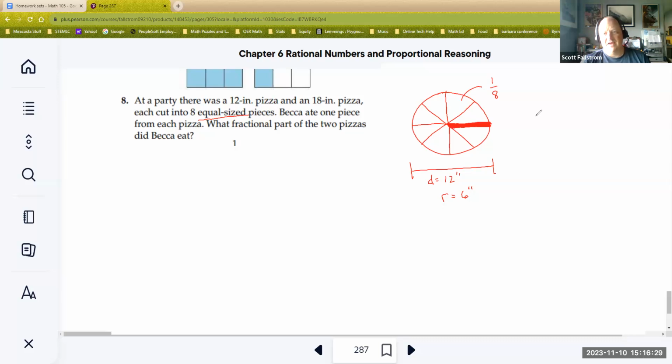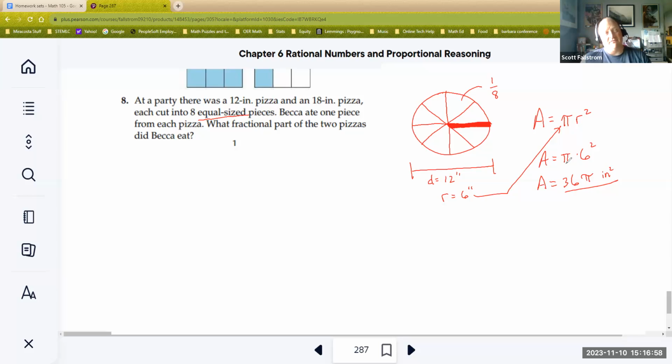So we're going to use the area to represent how much area would be represented here. The area of a circle is pi r squared. So for the smaller pizza, we would use pi times 6 squared. And so this would give us 36 pi square inches. So that's how much area there is.